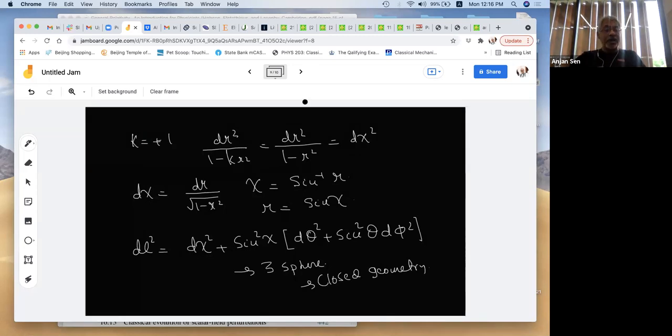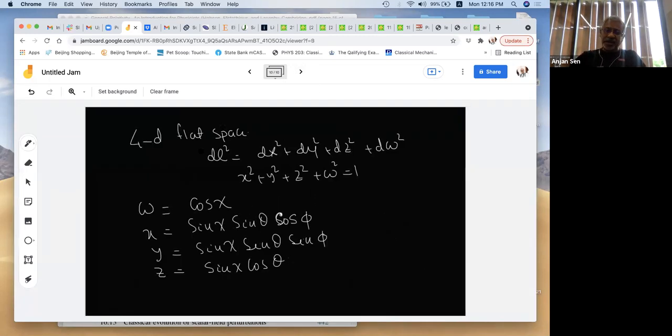Okay, and what does it represent? Again, you take a flat space, but try to put a hyperbola in it. So instead of x square plus y square plus z square plus w square equal to 1, put x square plus y square plus z square minus w square equal to 1. You write the metric in terms of x, y, z, those things.